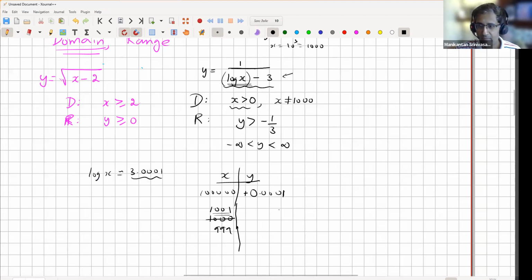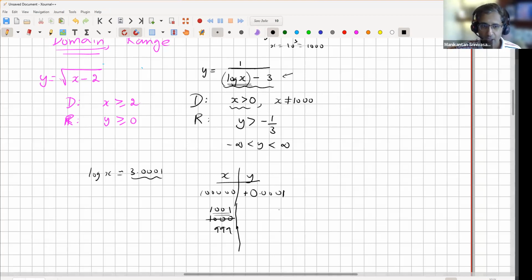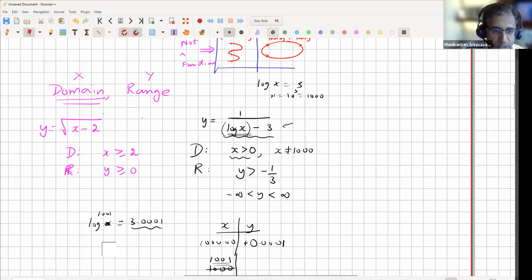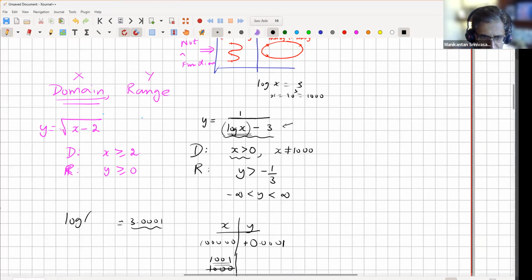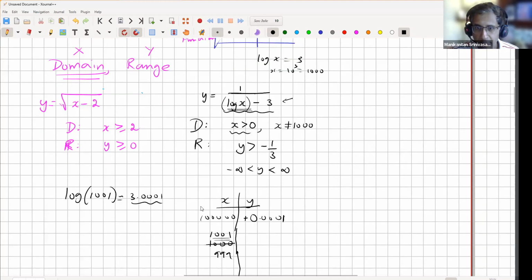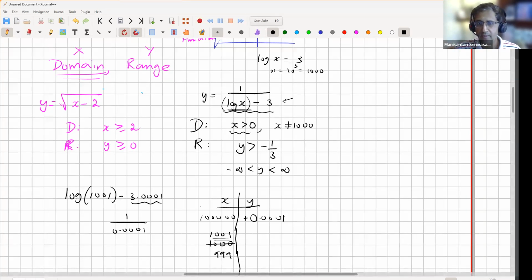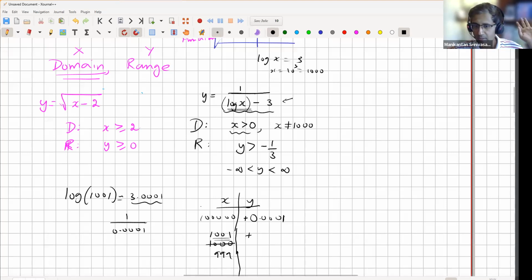I don't care about the exact number; all I want to emphasize is that log of 1001 is very close to 3 but slightly more than 3. That means the denominator is a slight positive quantity, so y would be as close to infinity as possible, almost a plus zillion. Does it make sense?